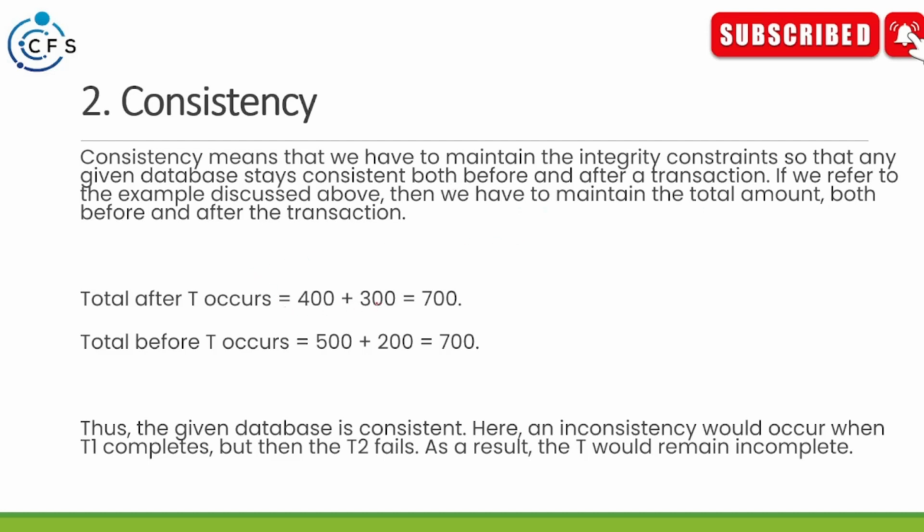So this is my before: 500 and 200, it becomes 700. If I reduce 100 here, it becomes 400, and plus 100 here, it becomes 300, that is again 700. So my before and after are both the same, we are good, and my data is consistent. That is called consistency.